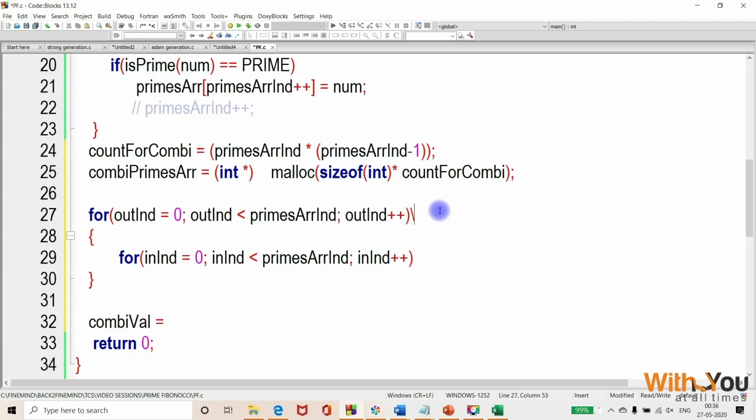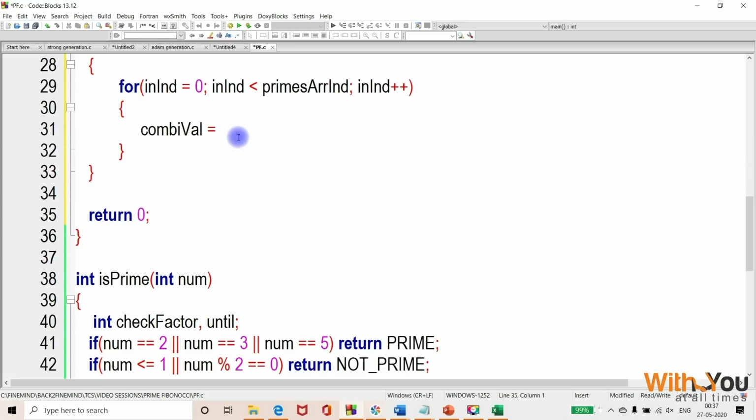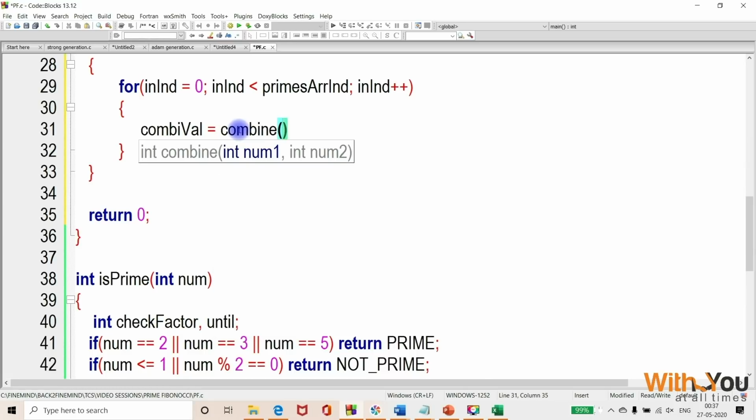Now this will take me for a perfect loop inside a loop. Inside that, first make a combi val. So what is combi val equal to? I need to combine. Focus please. Combine two elements. Who are that?